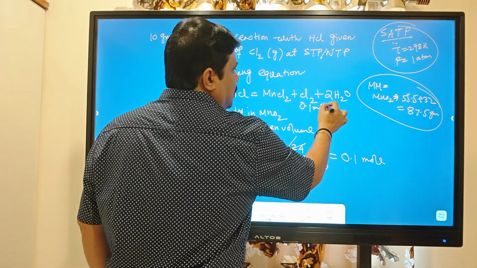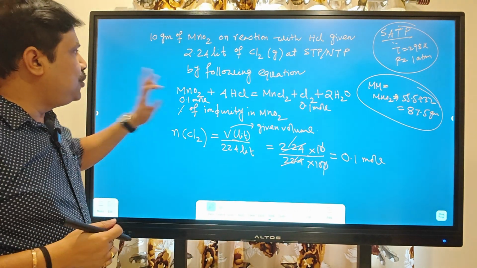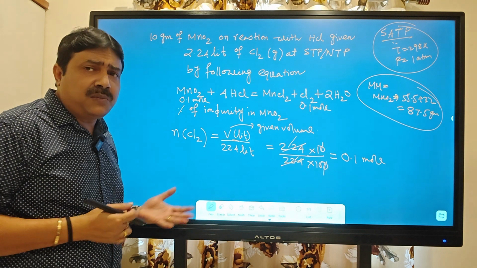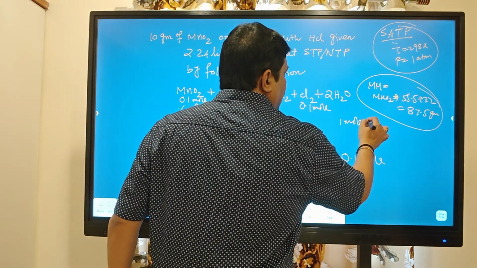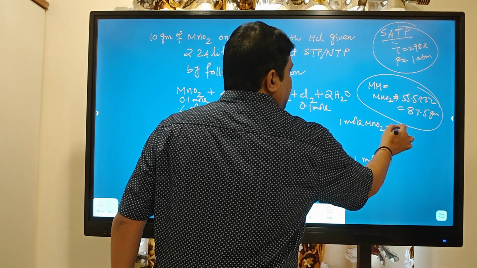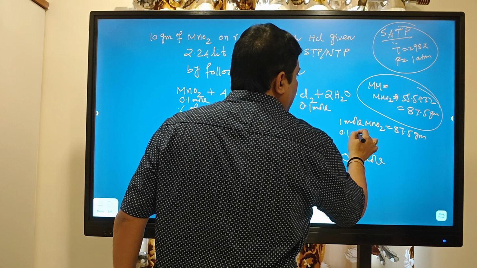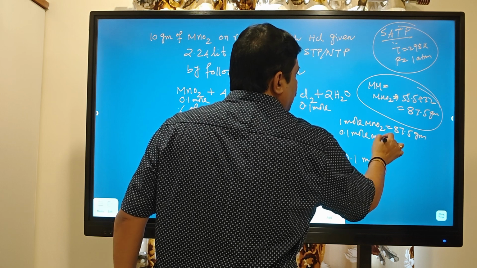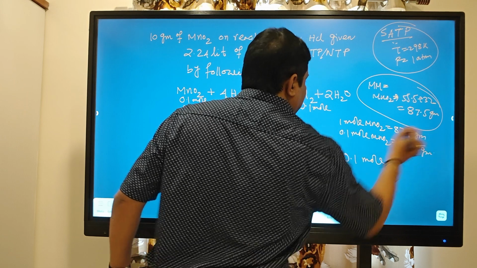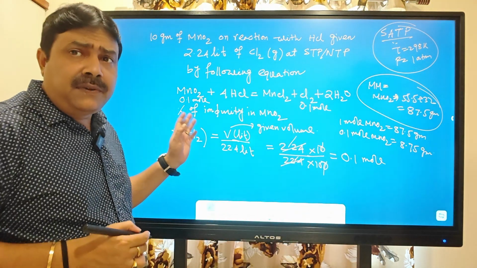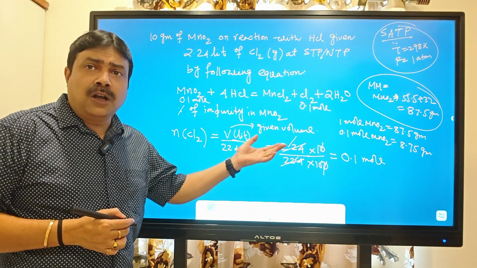Reaction will happen as per stoichiometry, always as per balanced equations. So 0.1 mole of MnO2 means how much amount of MnO2? Because 1 mole of MnO2 equals 87.5 gram, then 0.1 mole of MnO2, that means 1 by 10, is nothing but 8.75 gram. Yes or no? That means 8.75 gram is enough to produce 0.1 mole of chlorine.